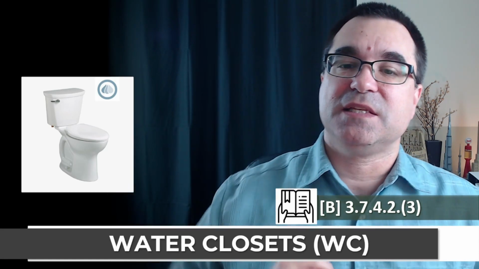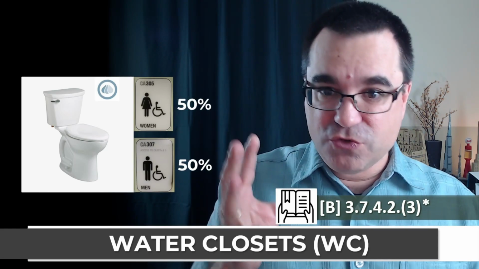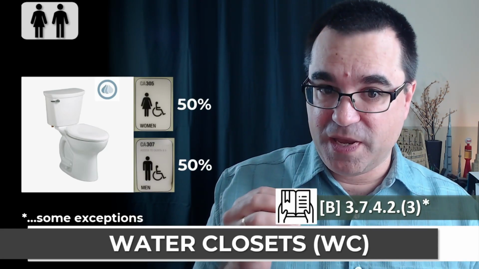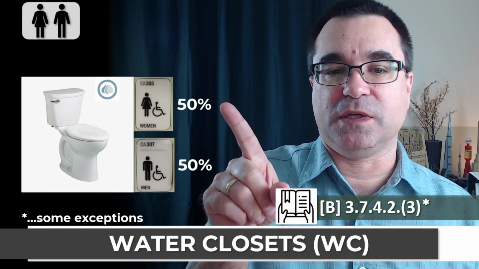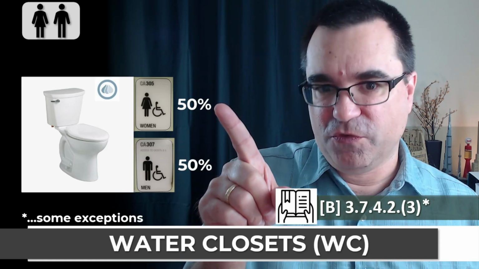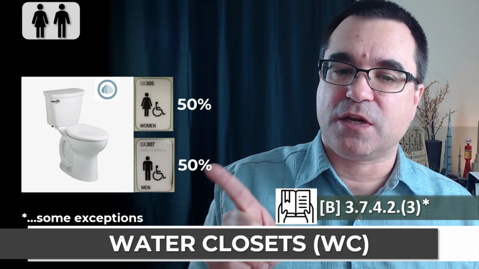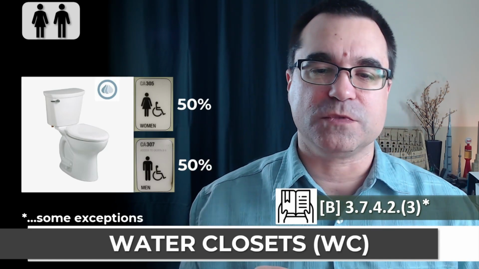According to sentence 3.7.4.23, what it says is that once you figure out the occupant load for a space, you must assume that 50% of that occupant load will be directed towards women's washrooms or female washrooms, and 50% of that occupant load will be directed towards men's washrooms or male washrooms, okay?